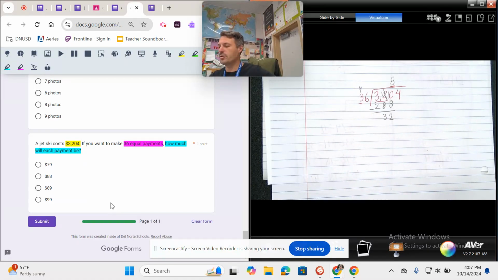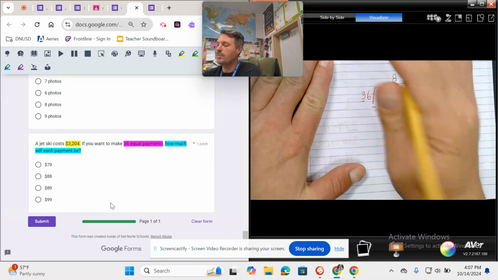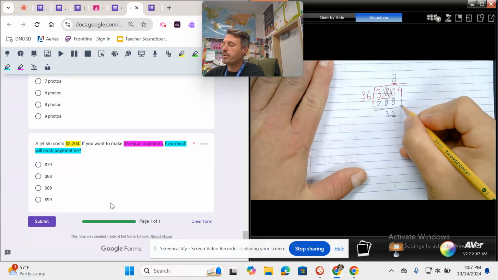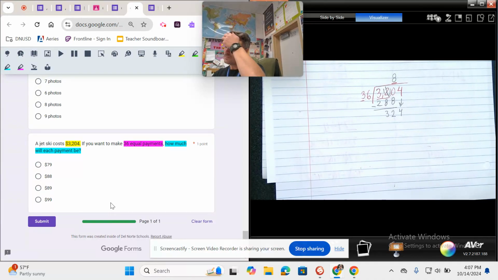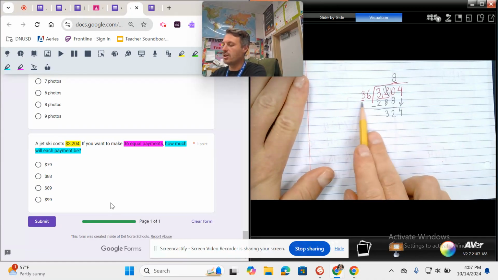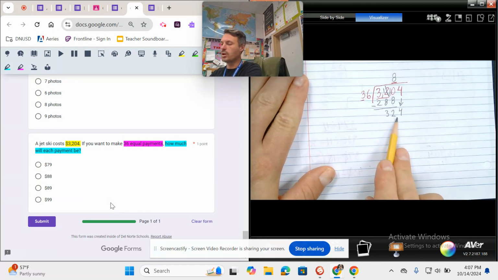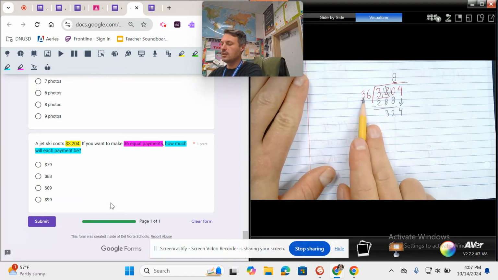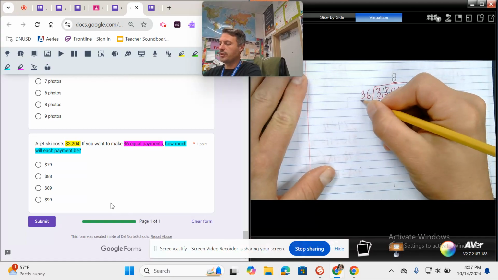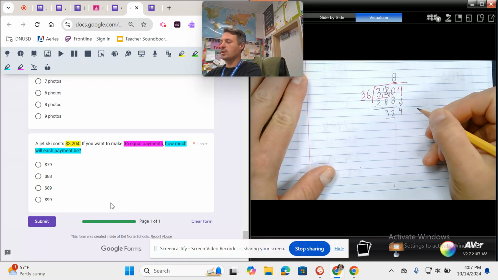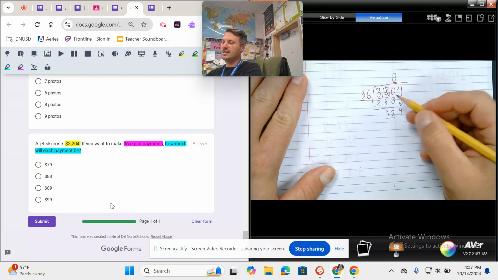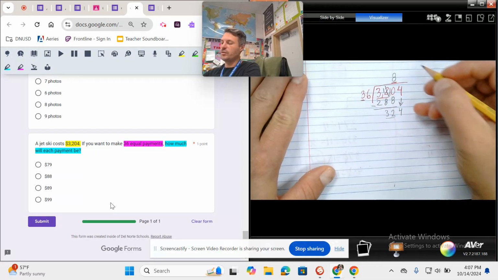Is 32 smaller than 36? Yeah, barely, but it is smaller. Now we bring down this 4. And again, it's kind of hard to figure out how many times 36 can fit into 324. But I'm just going to look at the 3 and the 32 here, and let's pretend it's a 4.